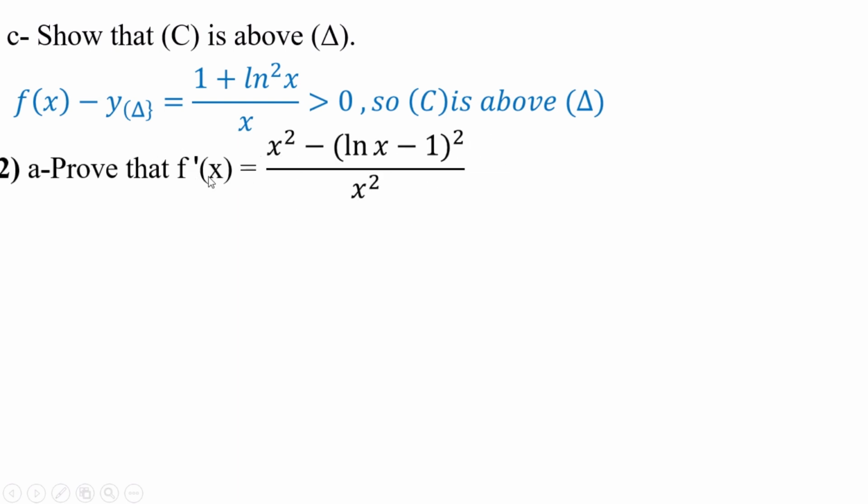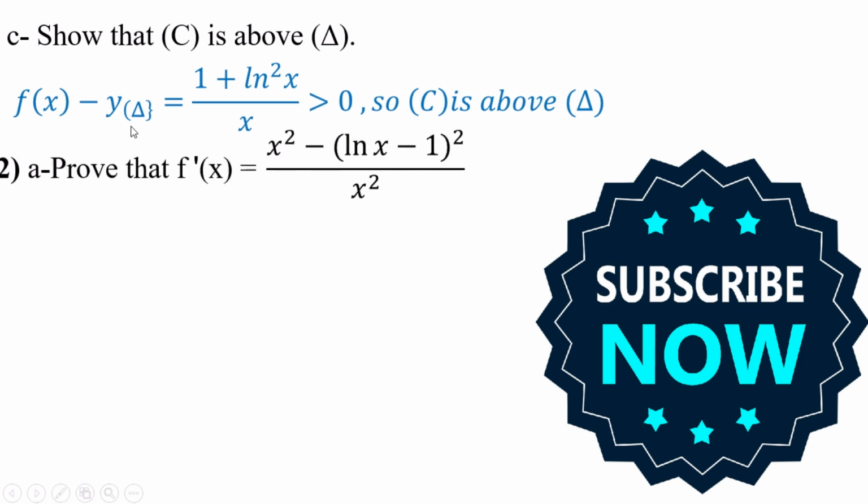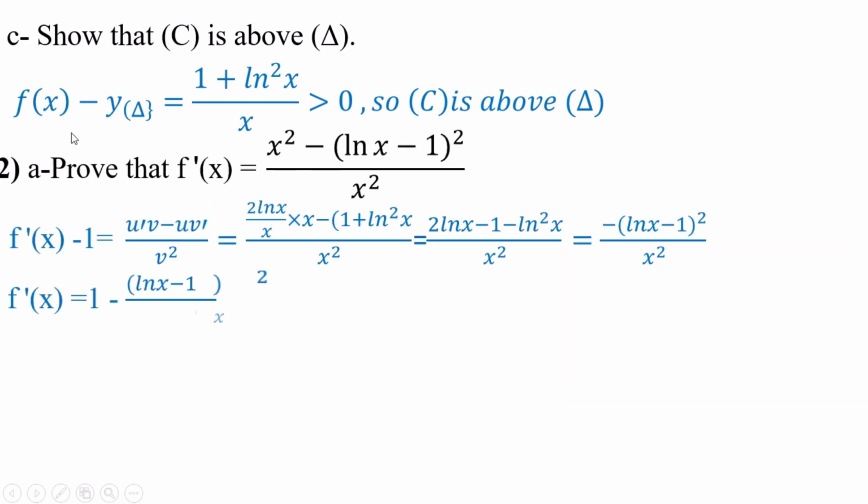We have to prove that f prime of x equals (x squared minus (ln x minus 1) squared) over x squared. We have f of x minus y of delta equals (1 plus ln squared x) over x. We can find the derivative from this equality. Derive both sides: f prime of x, and y of delta is x minus 1, whose derivative is 1. So we get f prime of x minus 1. Here we have u over v, so (u prime v minus u v prime) over v squared.